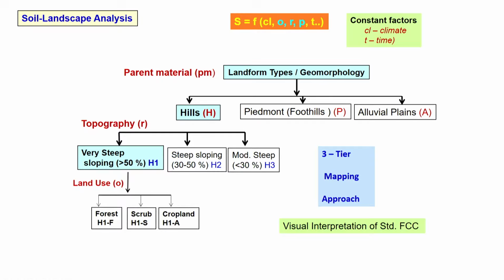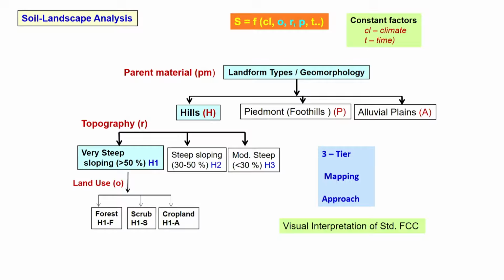If you go systematically in interpreting your satellite data in this way, then at the end what you will get are map units that are similar in soil forming factors, so you can assume that they will develop similar types of soils.